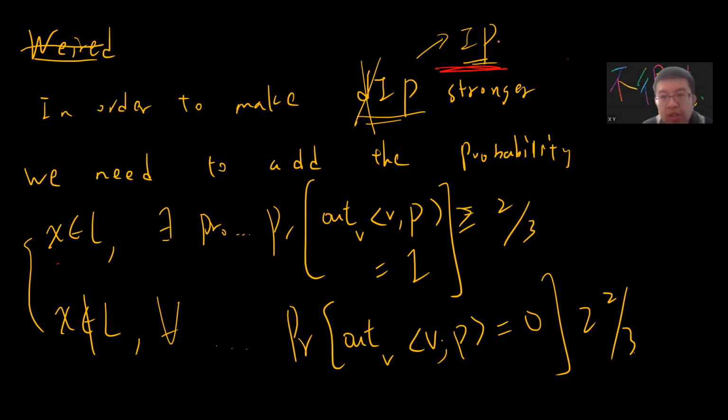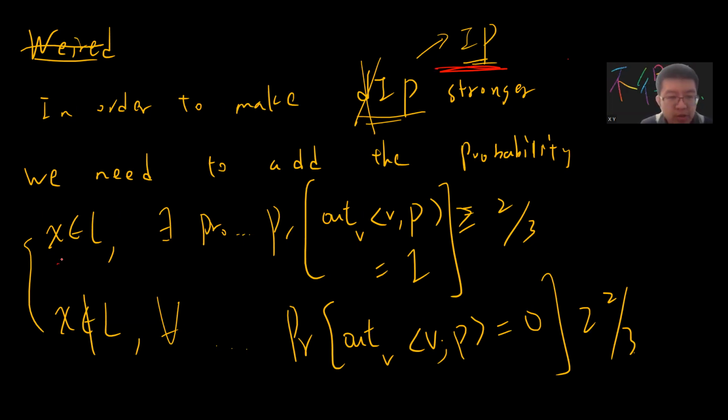Recall that an interactive proof basically means that the prover is all powerful, and the verifier is a probabilistic polynomial time Turing machine. The prover will send a message, and the verifier will reply, and they keep going for polynomially many rounds.